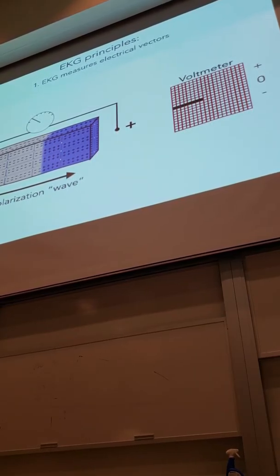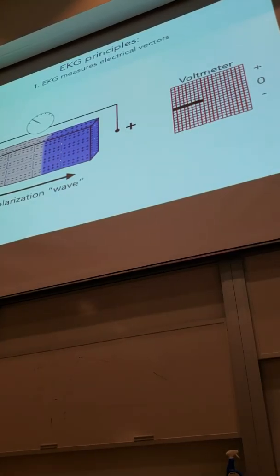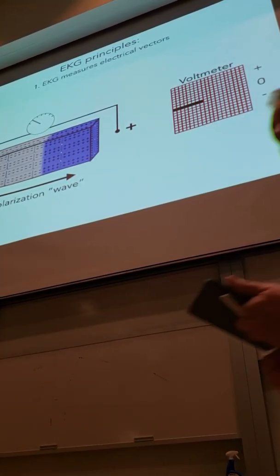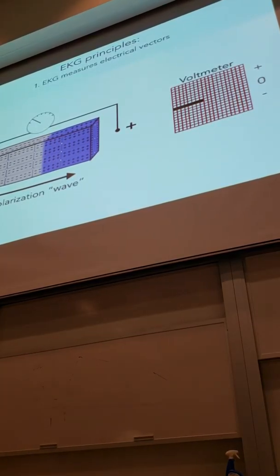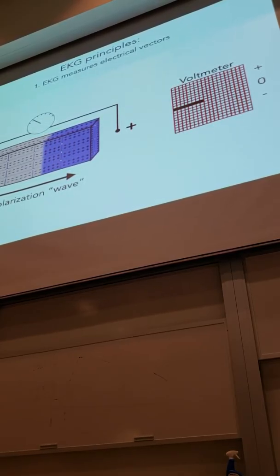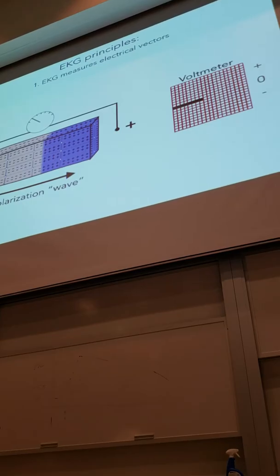Now, what if we have, instead of a wave of depolarization heading from left to right, a wave of repolarization? What's going to happen? It's going to go downward, negative.